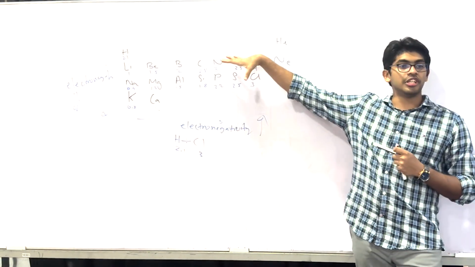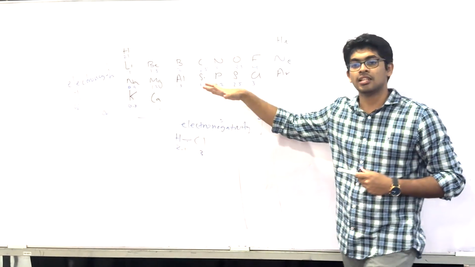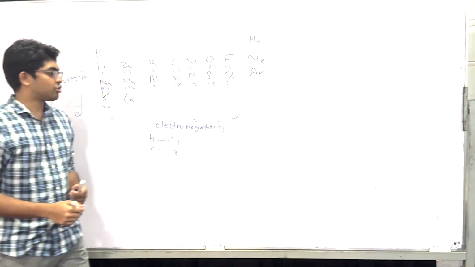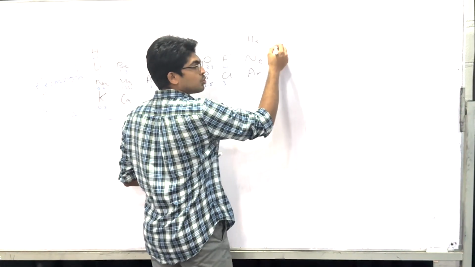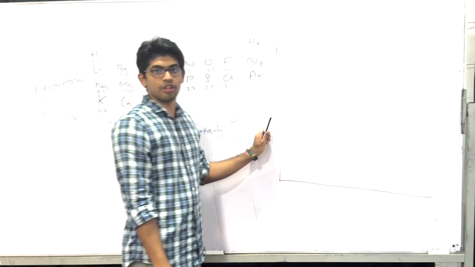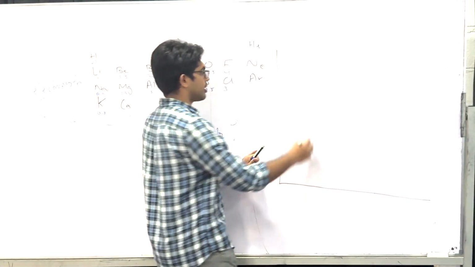That's also one of the trends that can be seen in the periodic table, the ionization energy. So there's a graph when we come to first ionization energy. Now I will be drawing the graph. Have a look at it.